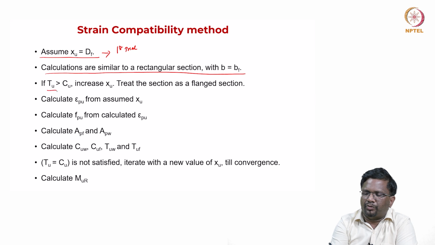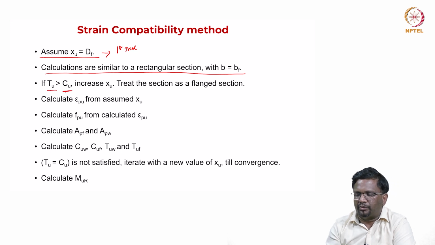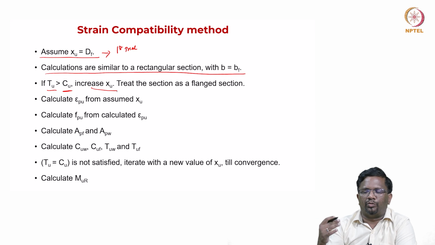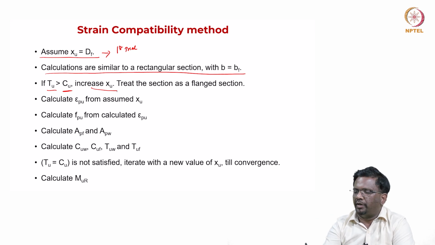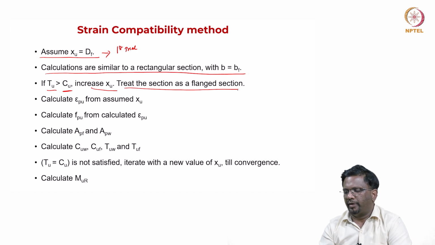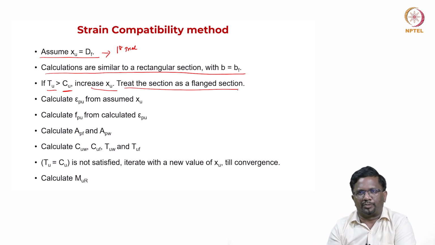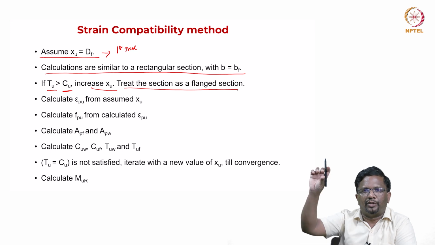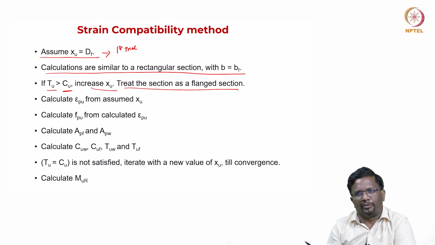If tu works out to be greater than cu, then you increase xu. So when xu becomes more than the depth of the flange, then this actually becomes a flange section. Now again, conditions may arise when the depth of the flange is less than 3/7 of xu, then the calculation is simplified like what we have seen previously.